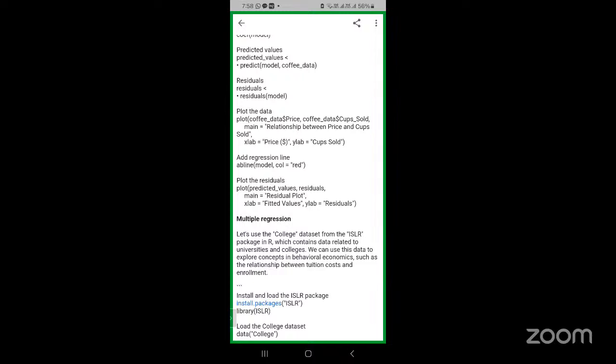What is your predicted value? That is already extracted in your program. That is your predicted value.